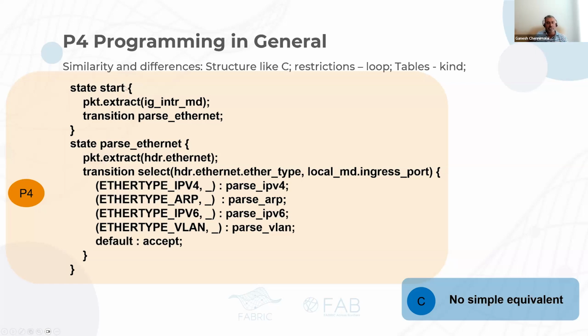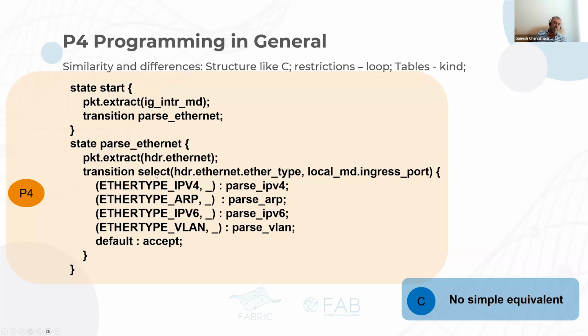Start is also a fixed function with which it starts, like the main function in C, which is the entry point. Then it's self-explanatory: it extracts some metadata and transitions to the next state, parse Ethernet, where it extracts the Ethernet header, and then based on whether it is IPv4, IPv6, or VLAN, it goes on to extract the next header.